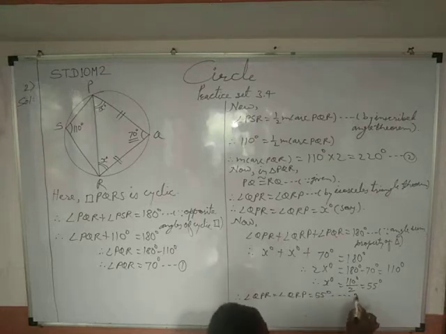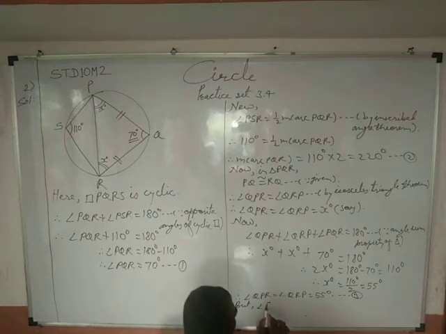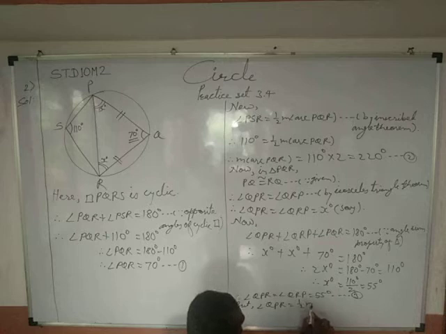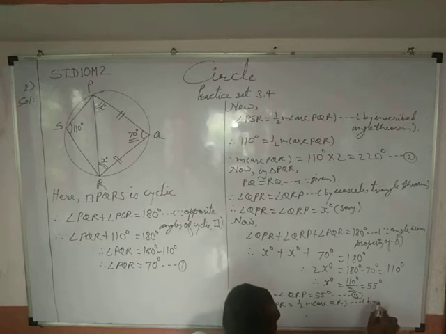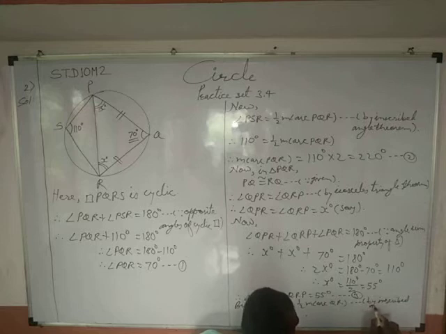Equation third. But angle QPR equals half of measure of arc QR by inscribed angle theorem.